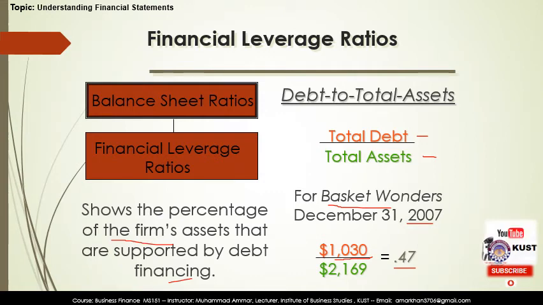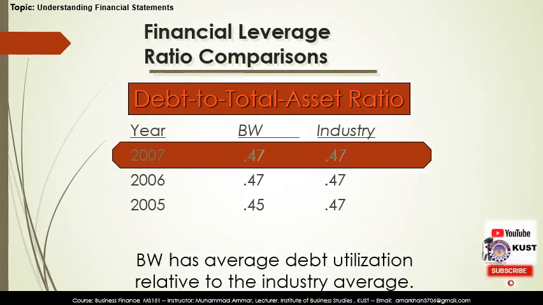Now we will compare this debt to total assets to the industry average, meaning we are comparing Basket Wonder's ratio to the industry average. Now we can see on the next slide the debt to total asset ratio.